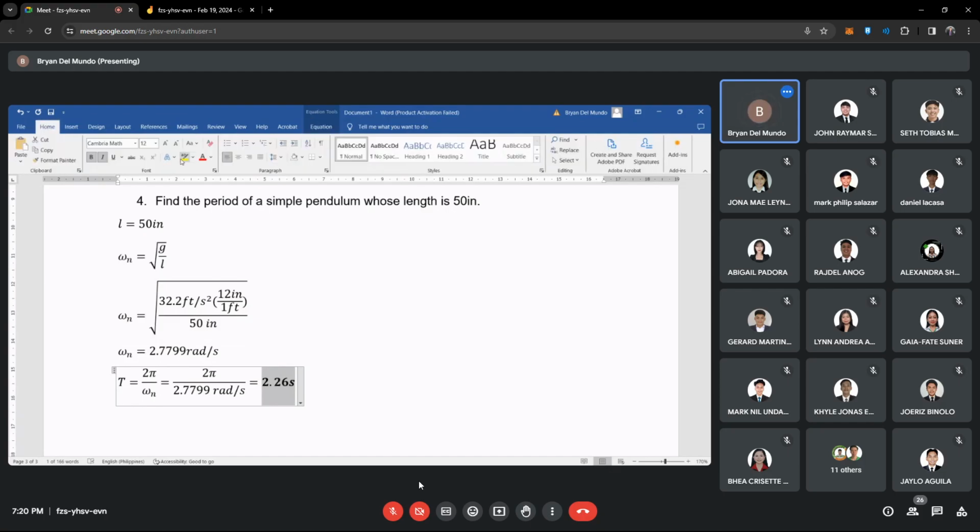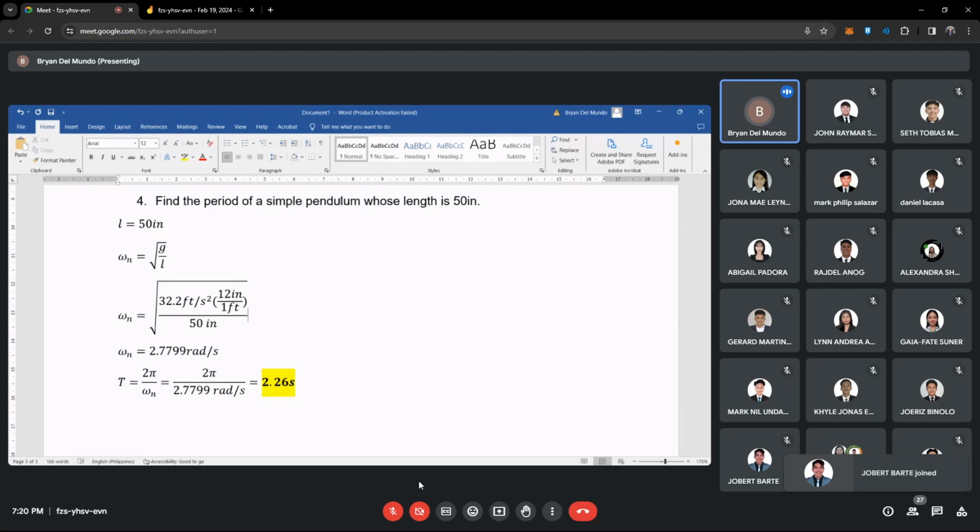Kaya nyo yan. So for our problem number 4, find the period of a simple pendulum whose length is 50 inches. So we have here our given length is 50 inches. Then we try to solve first yung ating omega n, which is the square root of g over L. So omega n is equivalent to the square root of 32.2 feet per second squared.